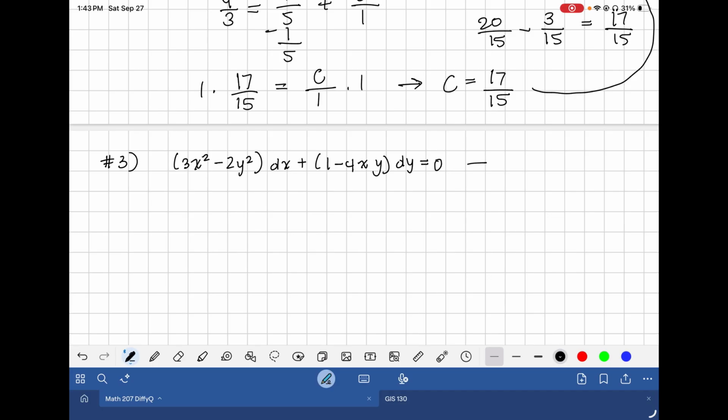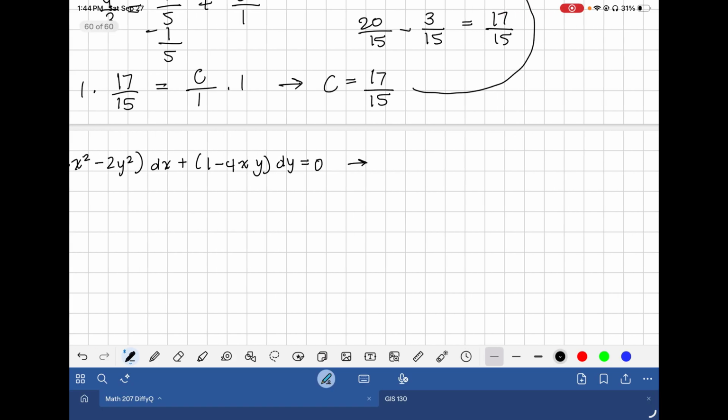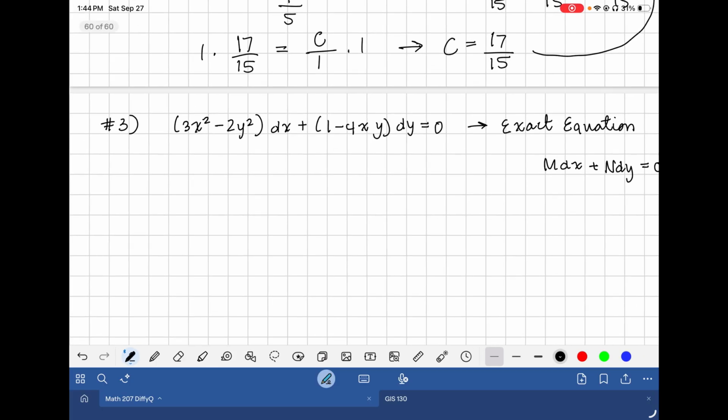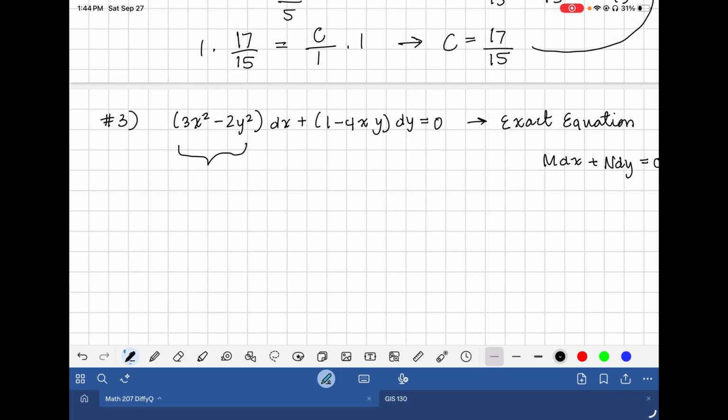And so based off this, we can tell that this is going to be an exact equation, as it has the form M dx plus N dy equals 0. And so this is going to be our M, and this is going to be our N.